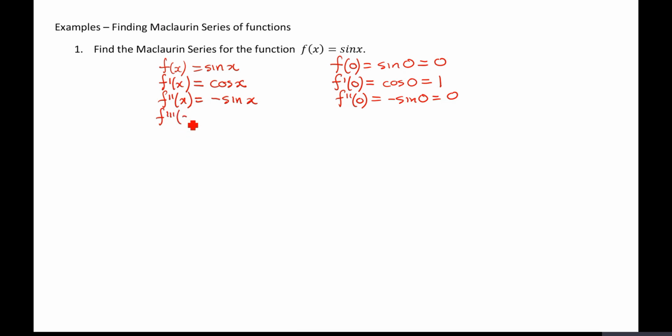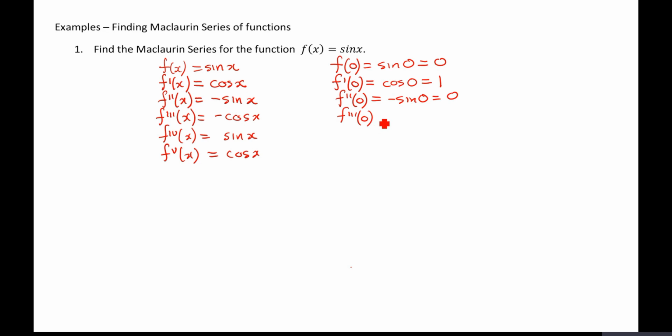So how you set this out, for example, you can say, okay, I'm just going to find the third derivative. What's the third derivative? Minus cos of x. Then I'm going to find the fourth derivative, minus sine of x. That's going to give me plus sine x. Then I'm going to find the fifth derivative, which is cos x. And then afterwards, I'll substitute 0.